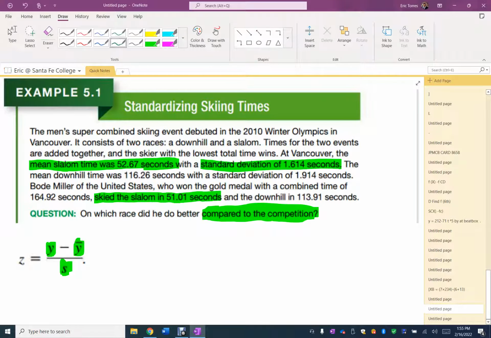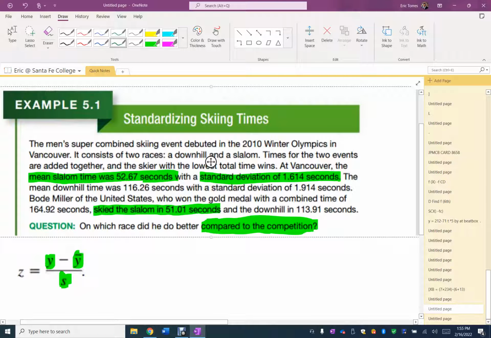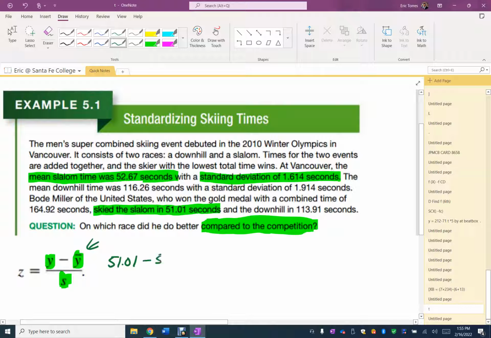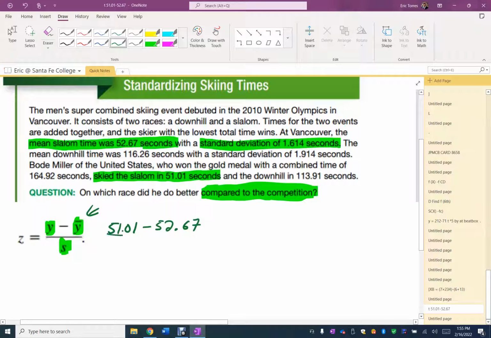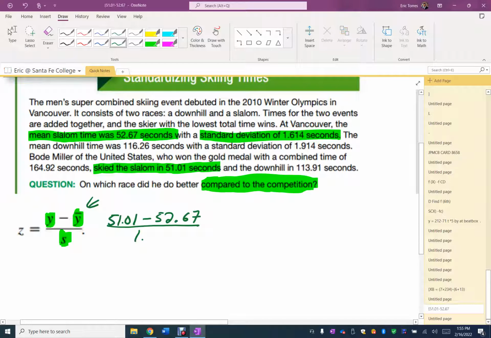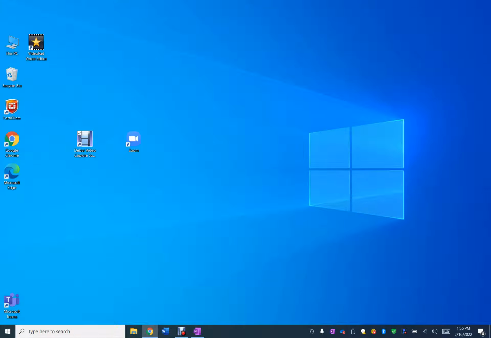He skied the slalom. His score was 51.01. The mean score was 52.67, and the standard deviation is 1.614 seconds. I'm going to grab my calculator to do the calculations.